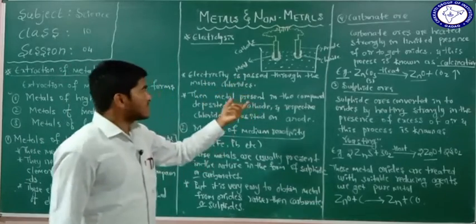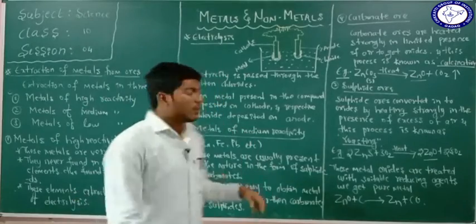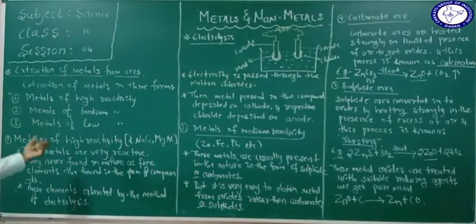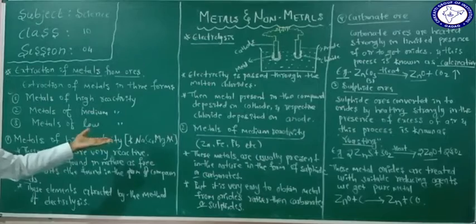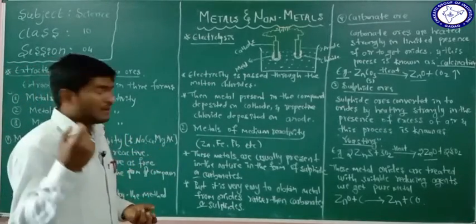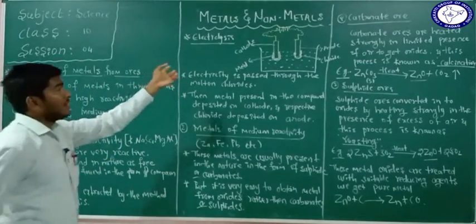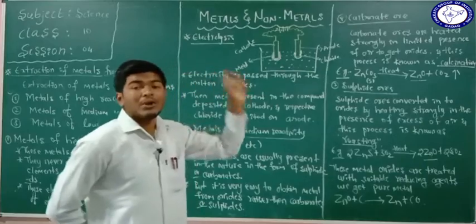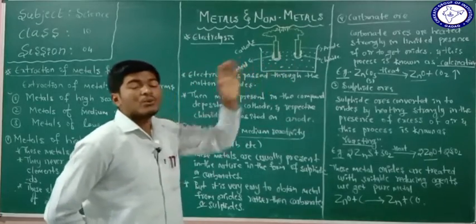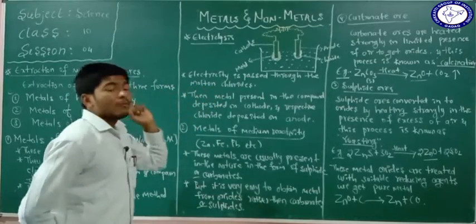In the electrolysis process, we take the molten compound of these metals, the metal ore in the molten state, and we pass electricity through the molten compound. The electricity is passed through the molten chlorides.